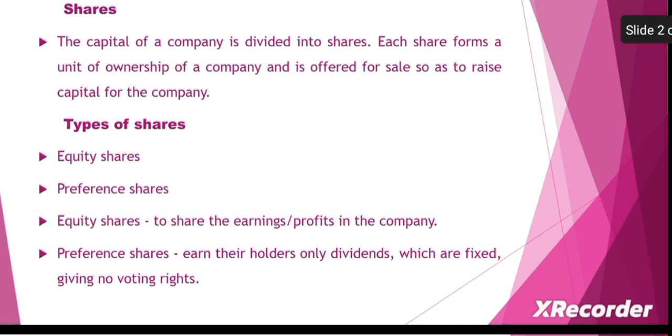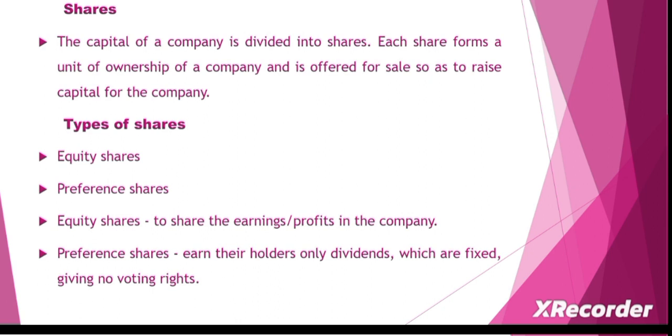Shares can be broadly divided into two categories: equity shares and preference shares. Equity shares give their holders the power to share the earnings or profits in the company as well as voting rights in the annual general meetings of the company.